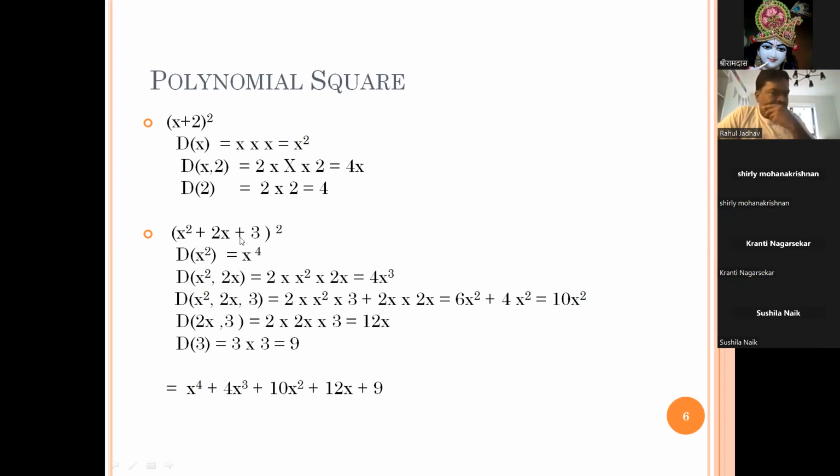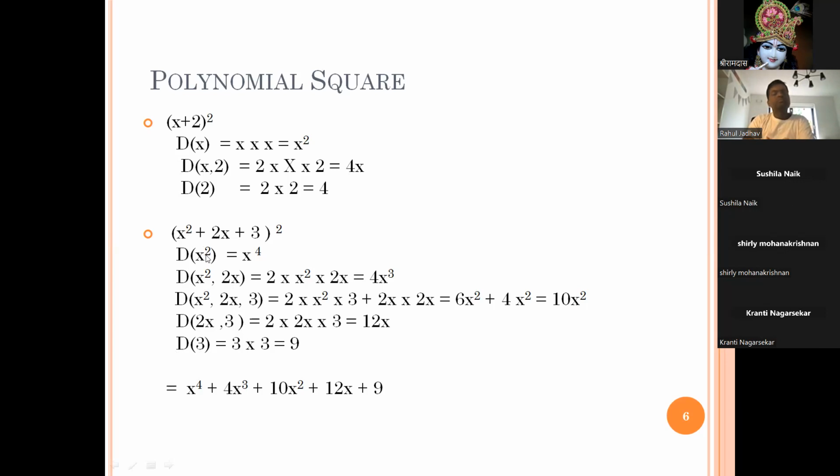So (x square plus 2x plus 3) bracket square we have to calculate. As we learned for a 3-digit number, we follow a similar technique and calculate the duplexes of each digit. So duplex of x square, duplex of x square and 2x, duplex of x square, 2x and 3, duplex of 2x and 3, duplex of 3.